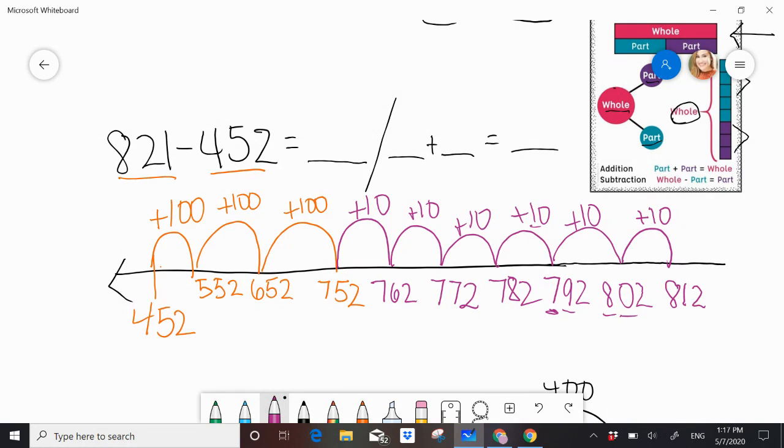Now I know if I were to add on another 10, I would get 822. And that would be one higher than what I need. So instead of doing that jump of 10, I'm actually just going to go one less. And I'm going to do a jump of 9. Okay?